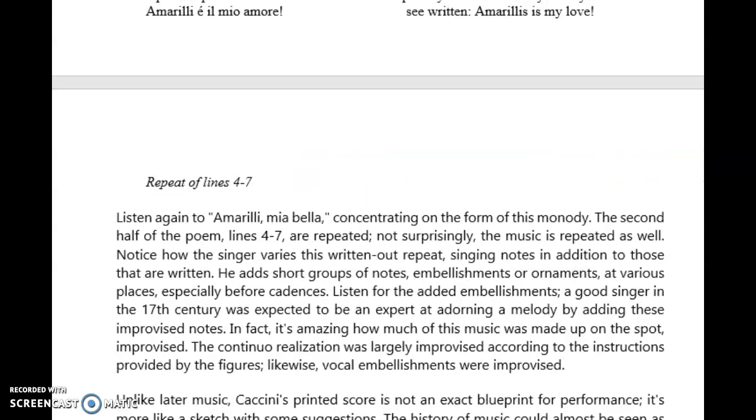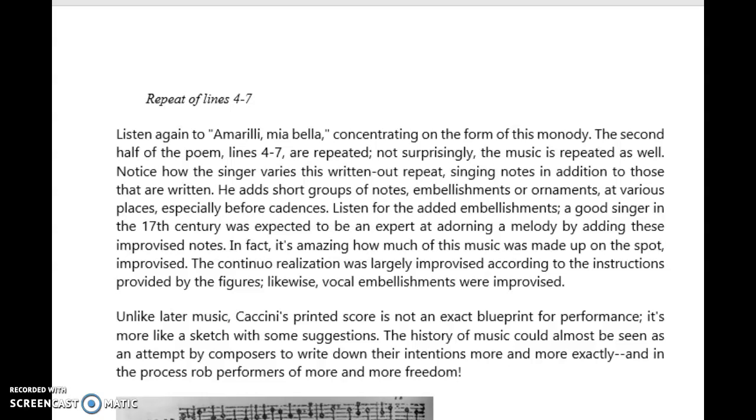And there I see the meaning, and it says here that I repeat lines 4 to 7. I want you to listen to Amarilli mia bella again, and then you concentrate on the form. The second half of the poem, lines 4 to 6, are repeating, and not surprisingly, the music is repeated as well. Notice how the singer varies this written out repeat, singing notes in addition to those that are written.